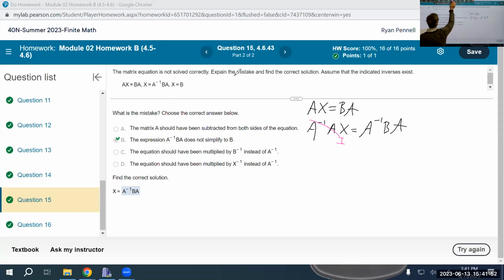So we get X equals A inverse times B times A. Okay. What did they get? They got a solution of X equals B, which is not correct. Okay, what was the mistake? Well, I say that the expression A inverse times B times A does not simplify to B. That's all coming from order matters when you multiply these things. Order matters.